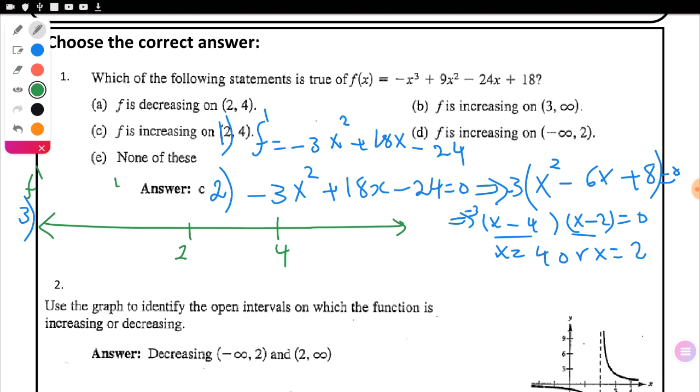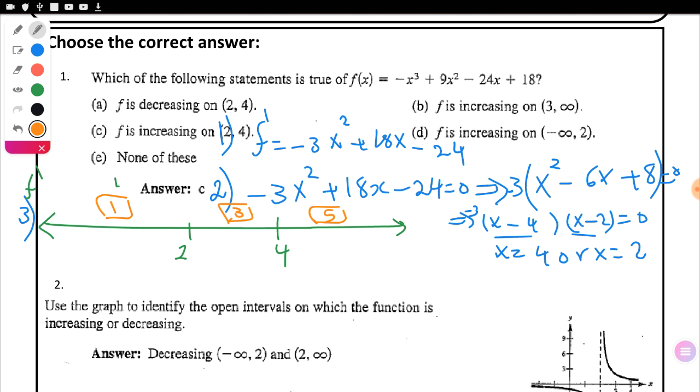Okay, the next step, test value. I use it to substitute in the first derivative to tell me the sign of the first derivative. Positive, the function is increasing. Negative, the function is decreasing. Here we choose 1, here I choose 3, here I choose 5.